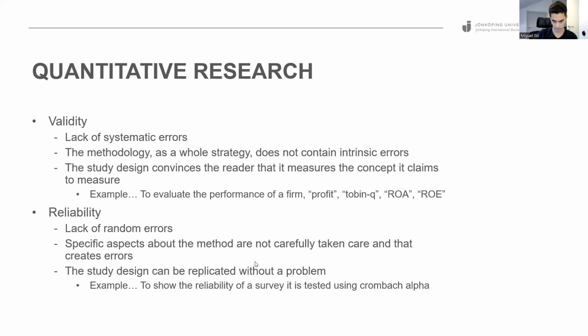So one way of showing reliability is, for example, to calculate the Cronbach alpha of the variables. You did that in the quantitative lab. You showed that your variable behaved in a way that it doesn't have this kind of random behavior, like you use 3 or 4 questions to construct a variable that behaves in a way that is reliable.